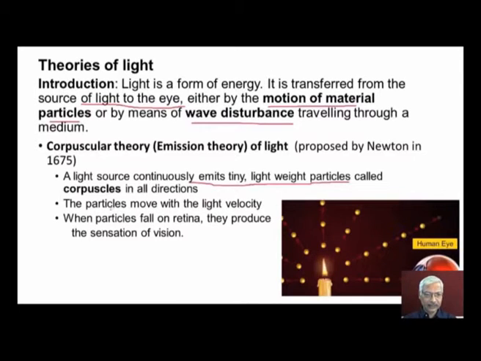These tiny particles move with the velocity of light. When these particles fall on the retina, they produce the sensation of vision. You can see here we have the eye on which these tiny particles fall, and then we get the sensation of light.